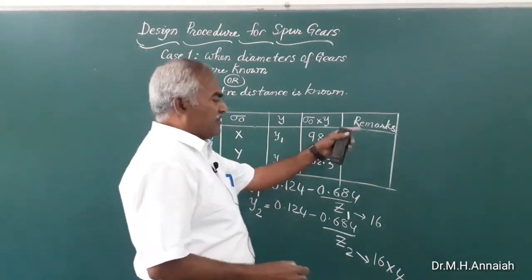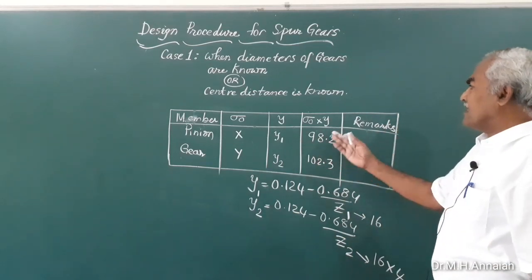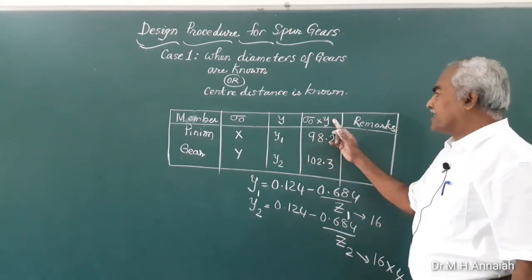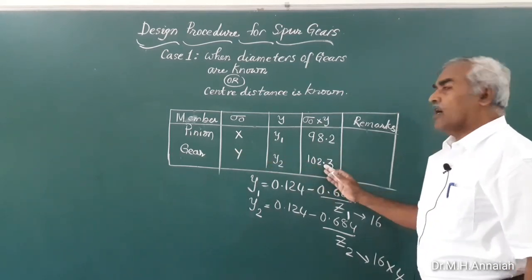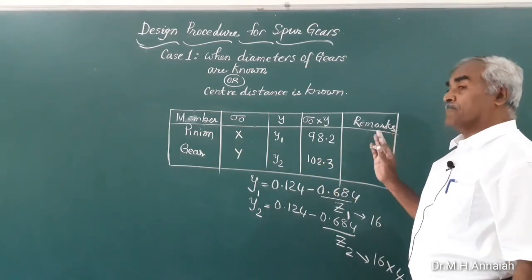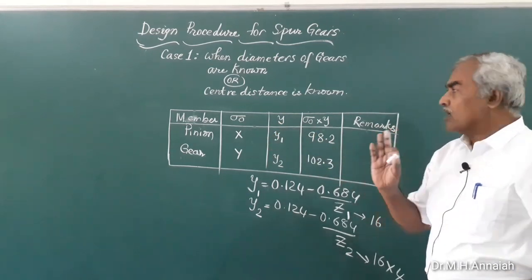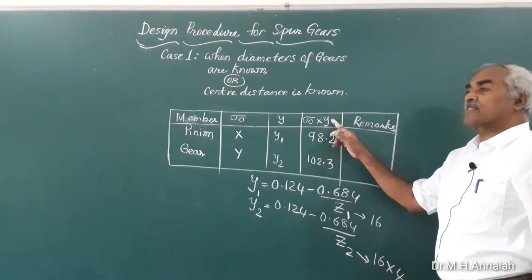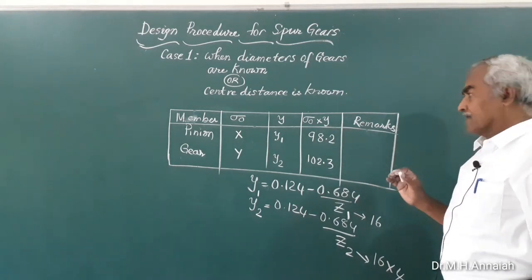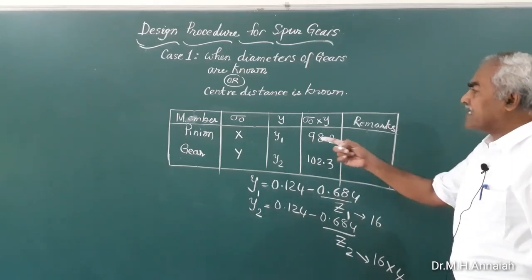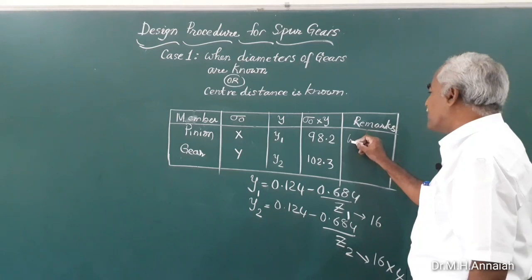Friends, then you have a remark column. You see here, the pinion has got a product of sigma naught into Y equal to 98.2, whereas the gear has got 102.3. That means whichever member has got a smaller value of this product sigma naught into Y will decide the weaker member. So, very obviously in this example I have cited, pinion is the weaker member.